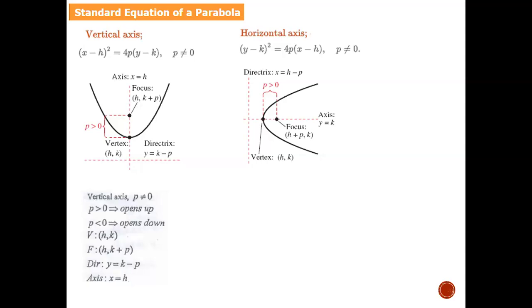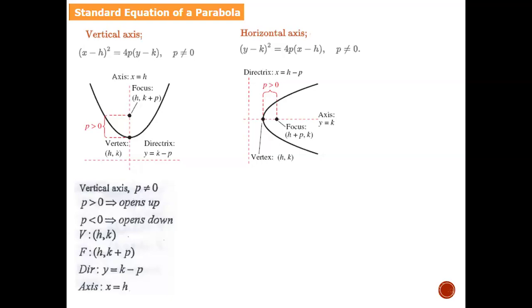The directrix is equal distance from the vertex as the focus, so the vertex is found in the middle between the focus and the directrix. This is another way you can find out whether we're looking at a vertical axis parabola or a horizontal axis parabola.